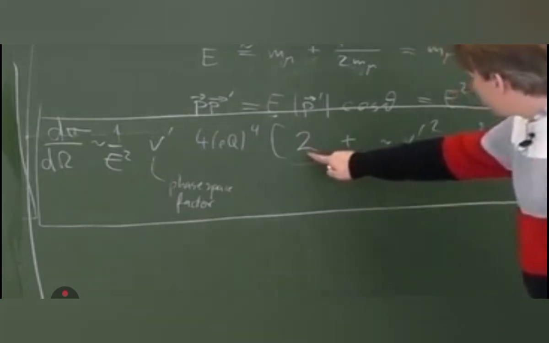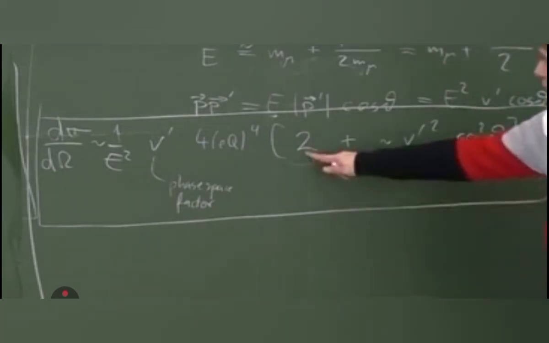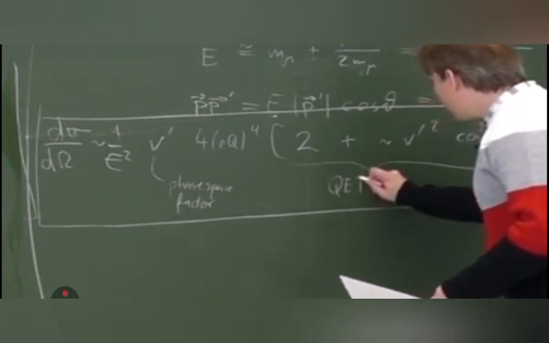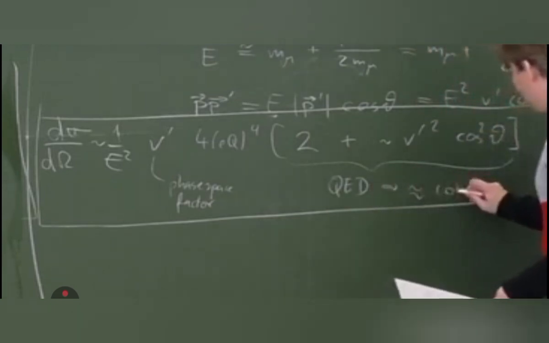And the angle independent term is actually non-zero, and therefore we have to a good approximation isotropic production. So we have approximately constant, independent of the angle.